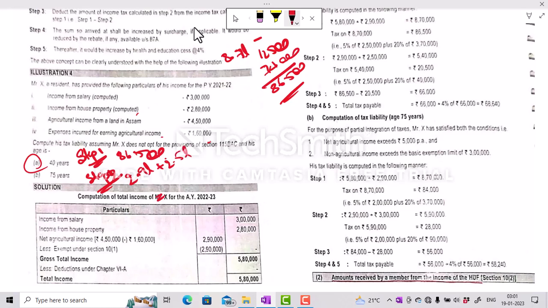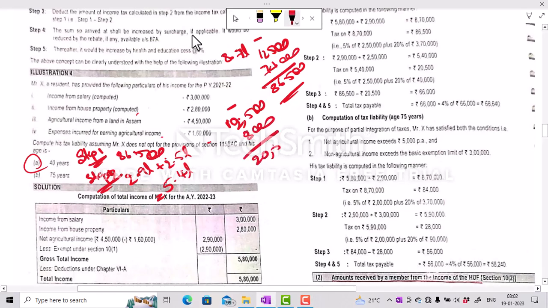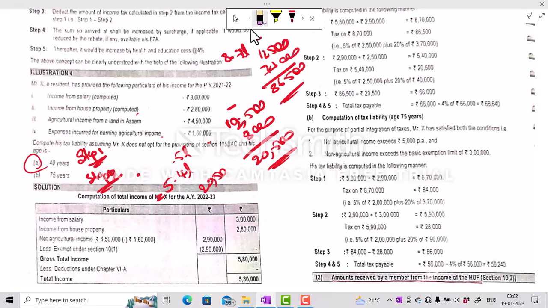Then we will get 5.4 lakh and up to 2 lakh 50,000 nil, 2 lakh 50,000 to 5 lakhs it is 12,500. On 40,000 it is 20%, that is 8,000, that is 20,500. So step 2 we got 20,500.